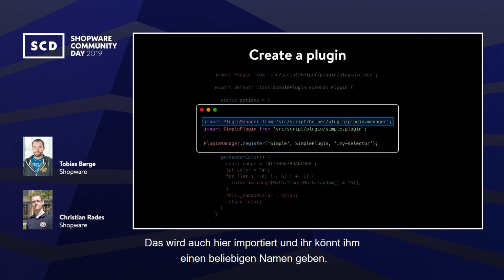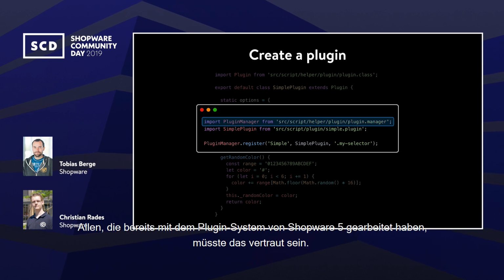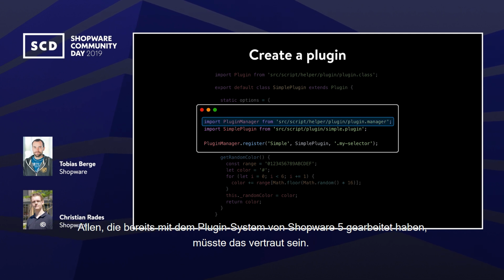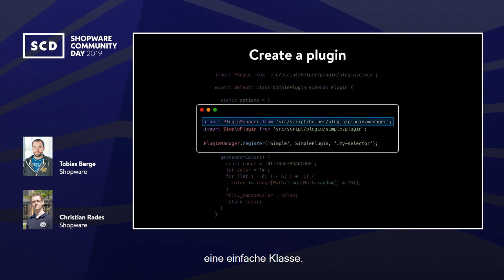You can give it any name, then you pass your imported plugin, and you can execute this on a certain selector. It is pretty familiar to those of you who have already worked with the Shopware 5 plugin system. In this case, it's only a simple mySelector class.